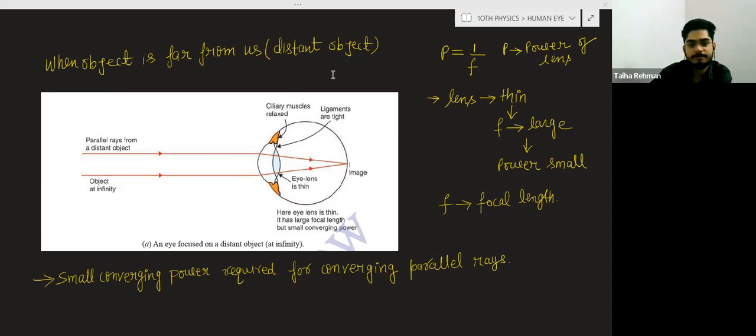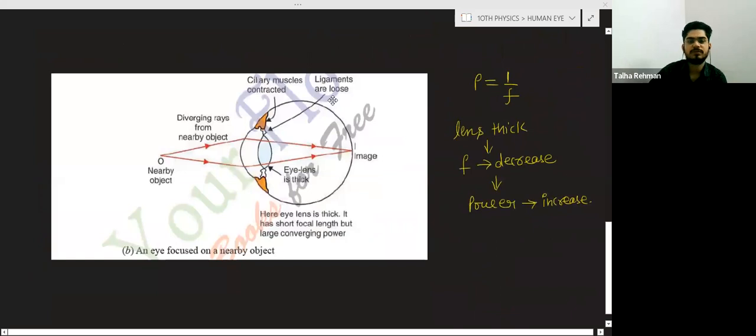Okay, very good. Now we will see the phenomenon I have already told you: when the object is nearby, like this pen is nearby for my eye, more power of convergence of the lens is required. So draw this diagram again.